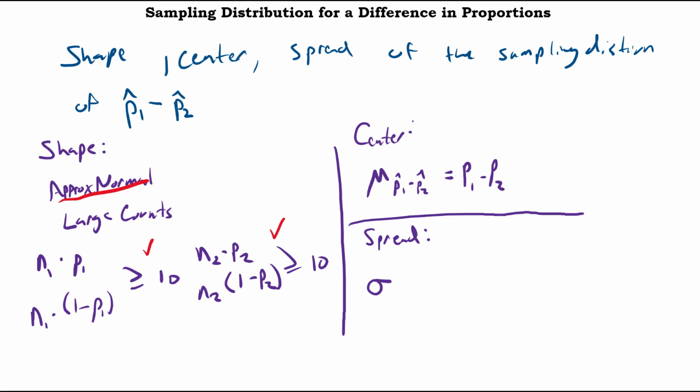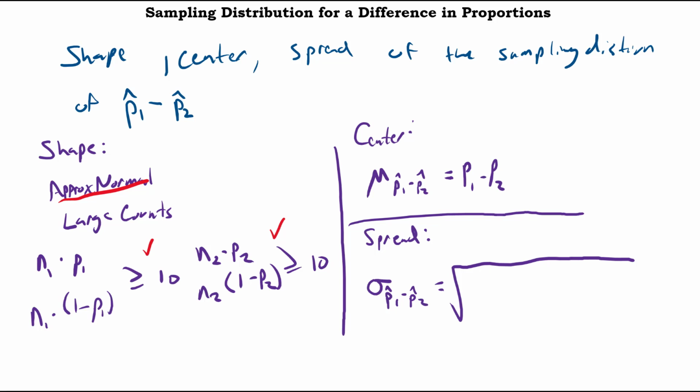But now instead of just our one sample p hat, we're going to talk about the standard deviation of the difference, our p1 hat minus our p2 hat. And to calculate this, since we're dealing with proportions, we would take p times 1 minus p, divided by n, normally to find our standard deviation.